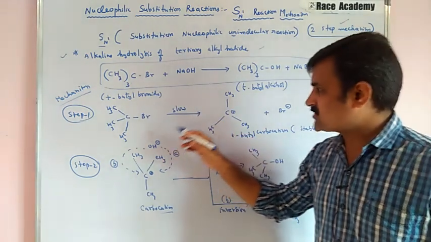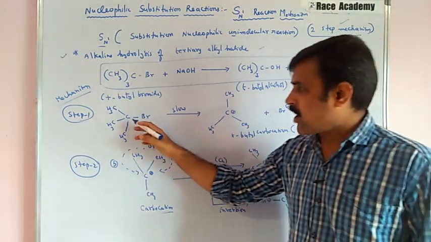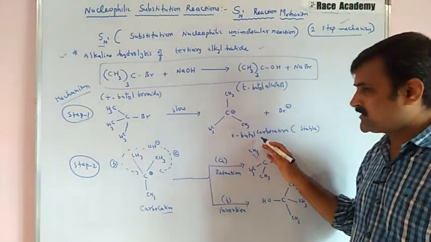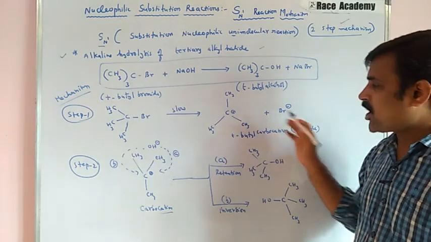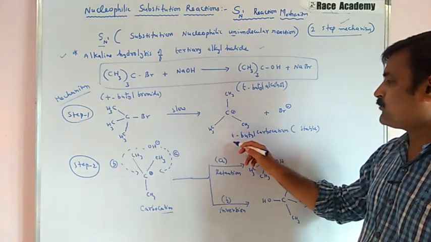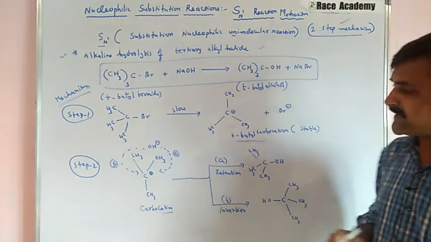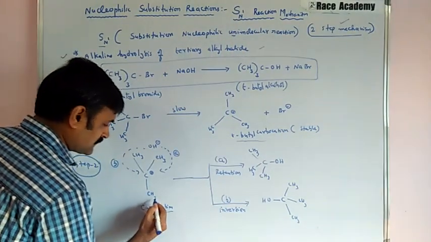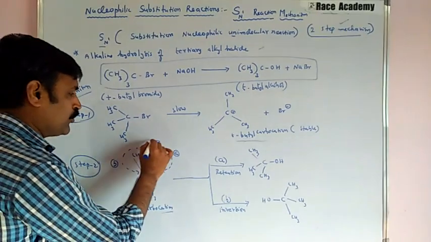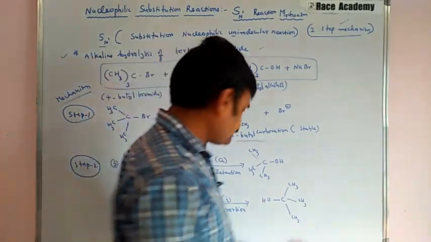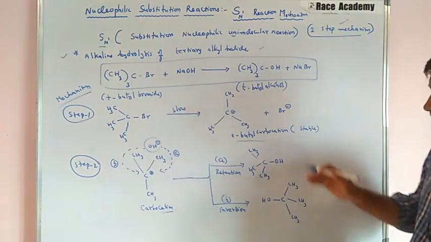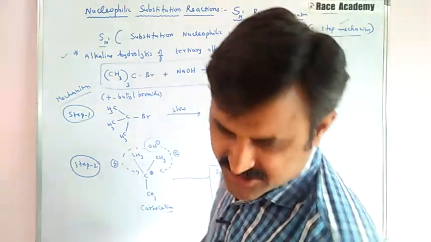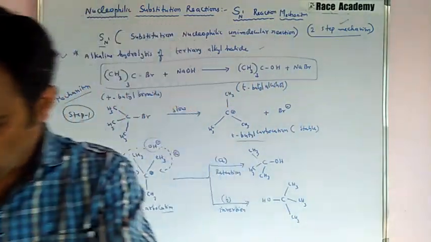In the first step, it is a heterolytic fission where the carbon-halogen bond is completely cleaved, and a carbocation is formed with a stable configuration and planar geometry, which we call the tertiary butyl carbocation. That carbocation is attacked by the nucleophile OH minus from either side, resulting in two types of products, called retention of configuration and inversion of configuration.